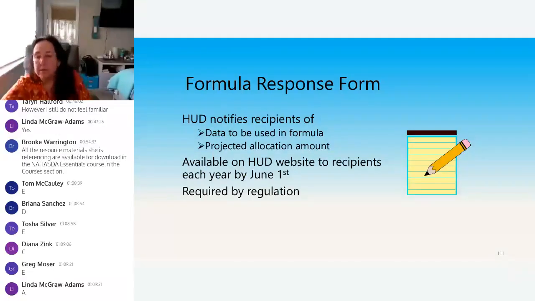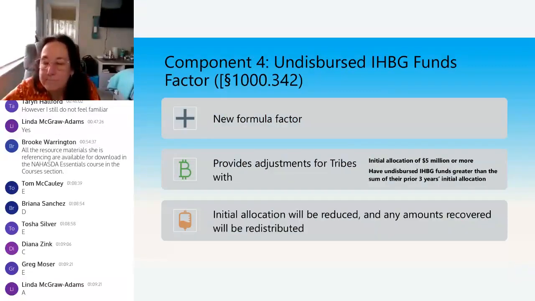So there is a new factor. It is called the Undispersed Indian Housing Block Grant Funds Factor. You can read about that at 1003.42. It provides adjustments to very few tribes, okay?